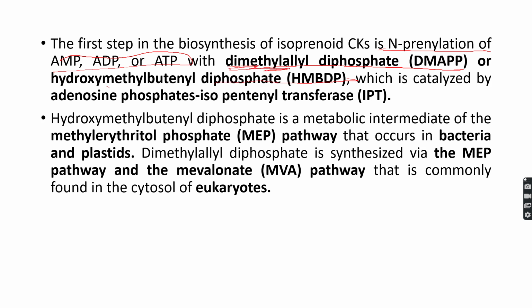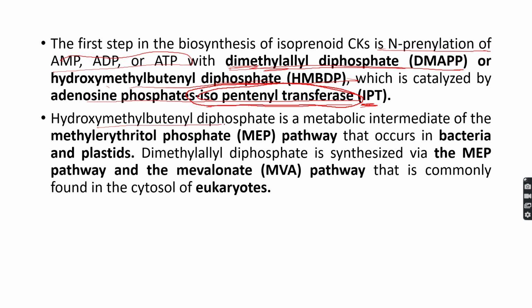DMAPP full form is dimethyl allyl diphosphate and HMBDP is hydroxymethyl butenyl diphosphate, which is catalyzed by your adenosine phosphate isopentenyl transferase. This is an important enzyme which is initiating the biosynthesis of cytokinin, that is isopentenyl transferase, or otherwise you can call it as IPT.